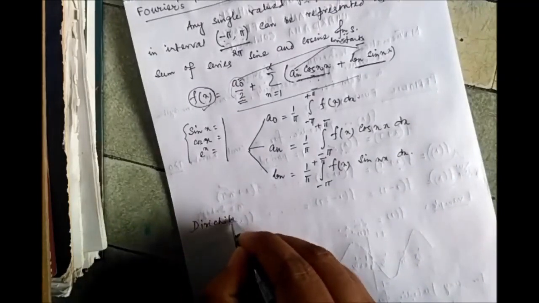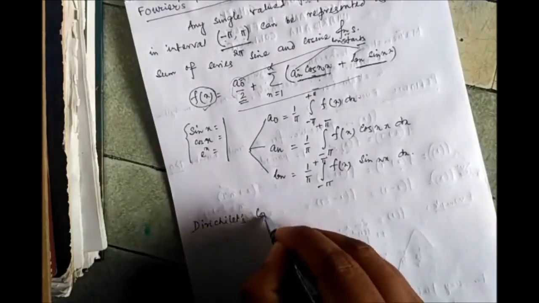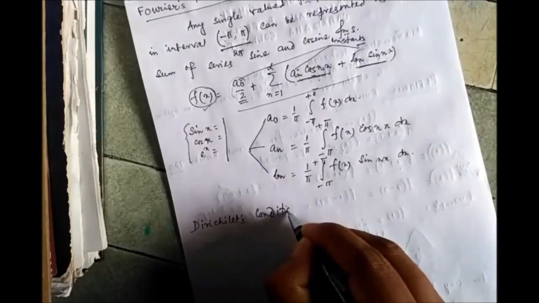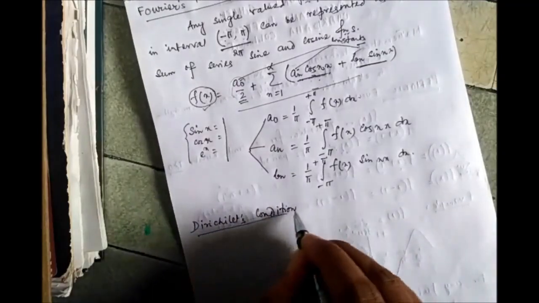Whether a function can be expanded in Fourier series or not is conditioned by a theorem. Those conditions are basically called Dirichlet's conditions. So what do these conditions say?